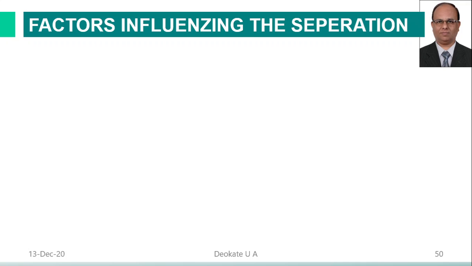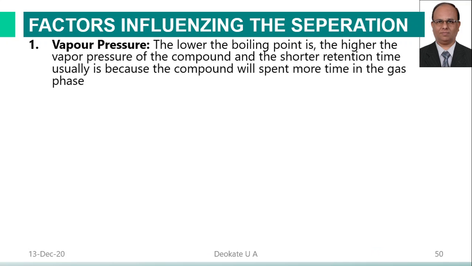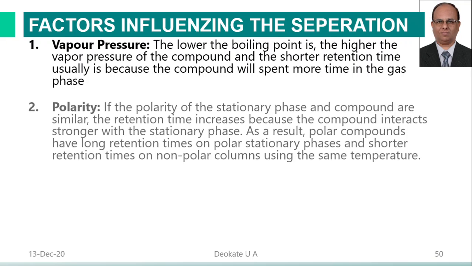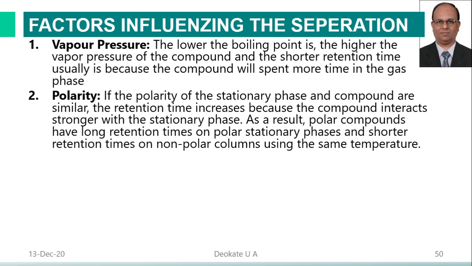Factors influencing the separations. What are the various factors? Your first is vapor pressure. The lower the boiling point, the higher the vapor pressure of the component and the shorter the retention time, because the compound will spend more time in the gas phase. The second factor affecting the separation is polarity.